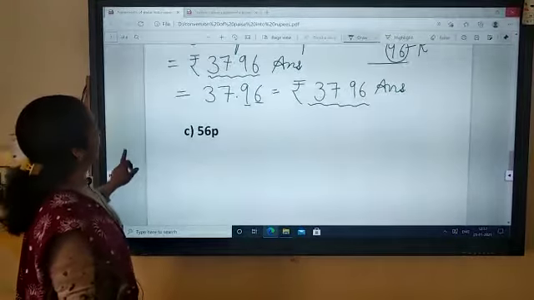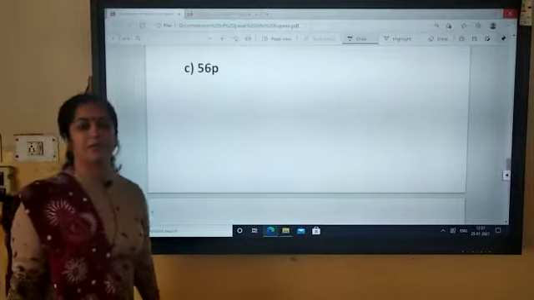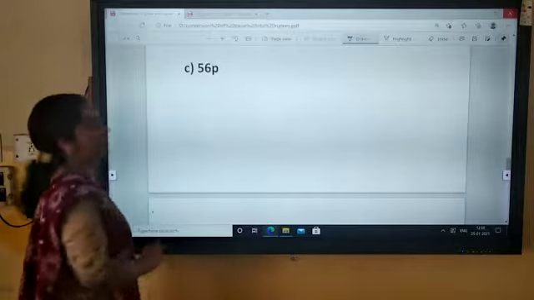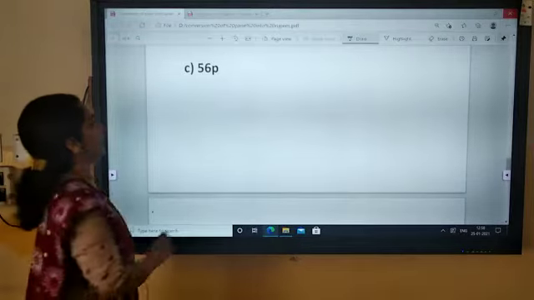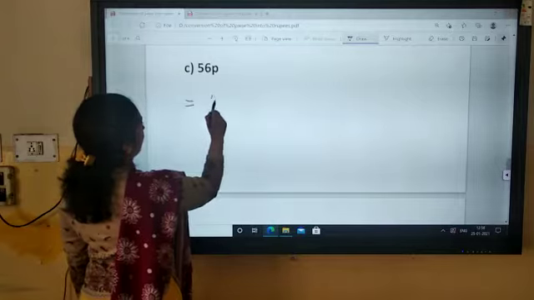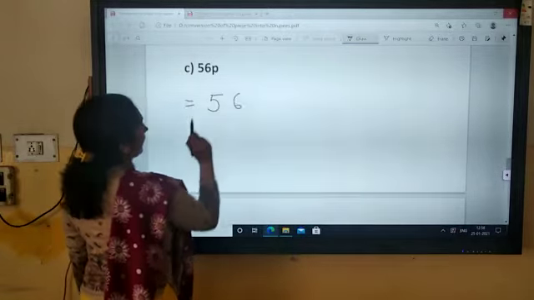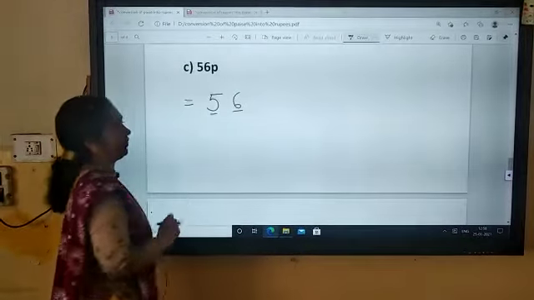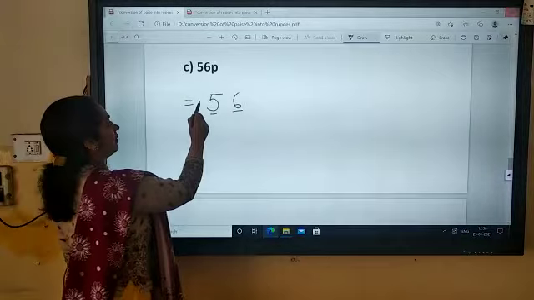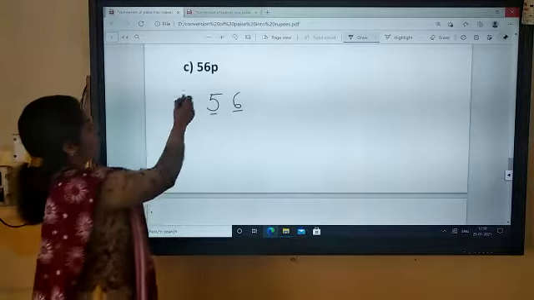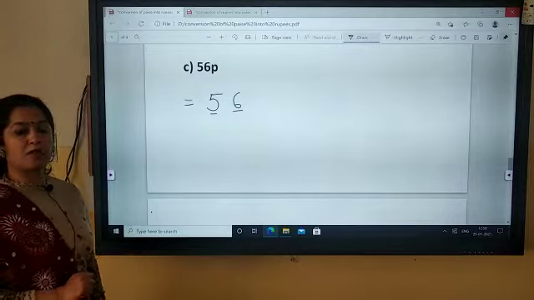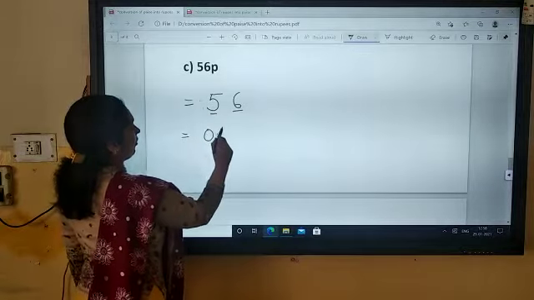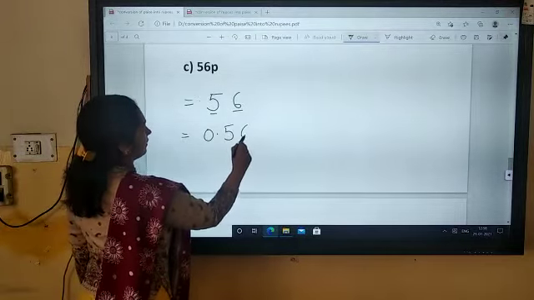Now we will solve one more question, but this time we will use only the second method. 56 paise is given, and according to the second method we have to count 2 digits from the right hand side and then put a dot. Because nothing is here, we put 0 first, then dot, and then 5, 6.